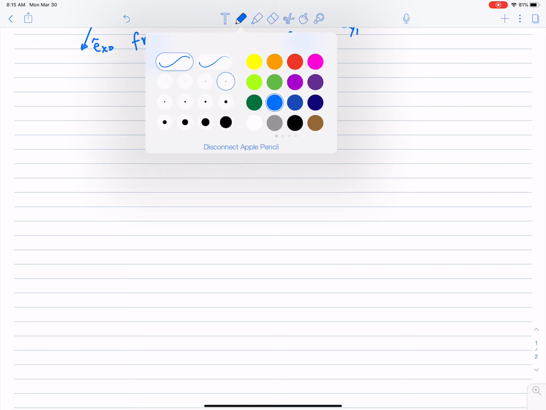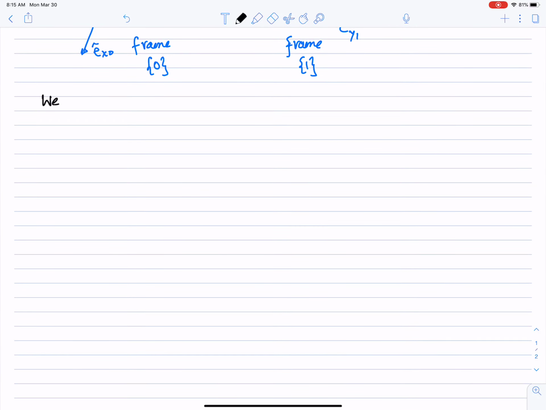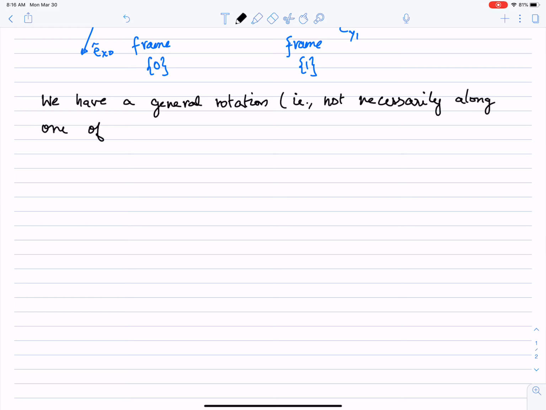Okay, so we have a general rotation, i.e. not necessarily along one of the three coordinate axes.